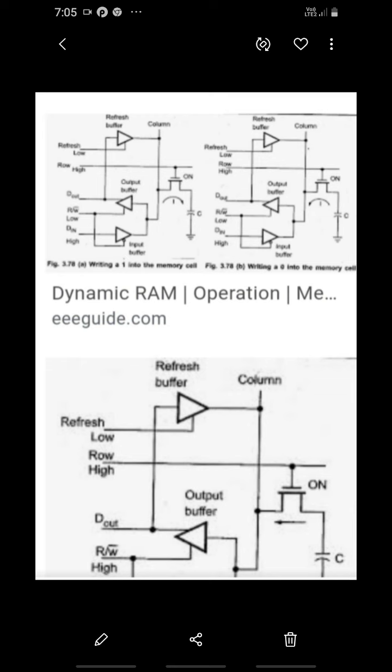Dynamic RAM stores the data as a charge on the capacitor as shown in the above PPT. A dynamic RAM contains thousands of such memory cells.